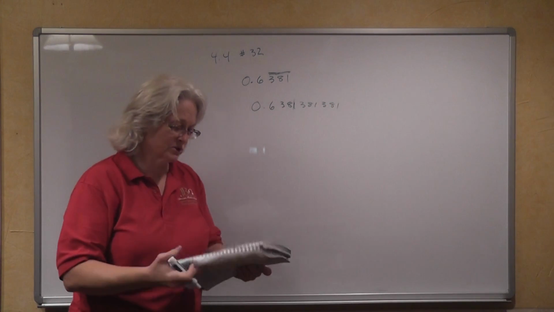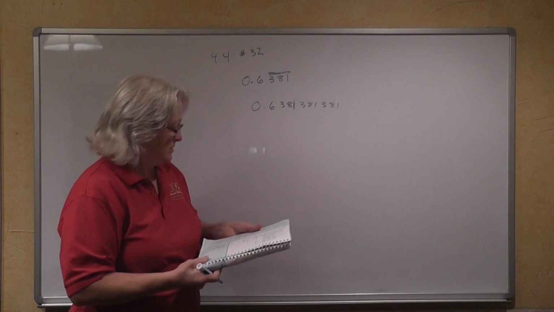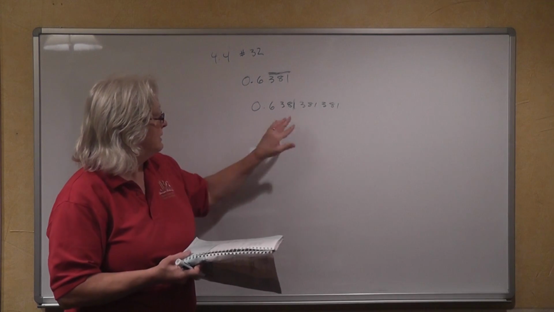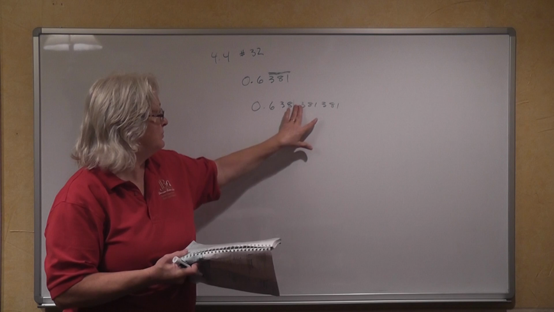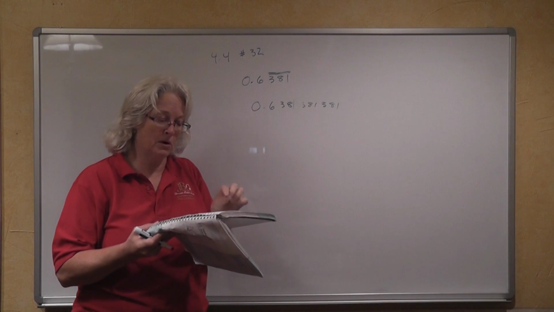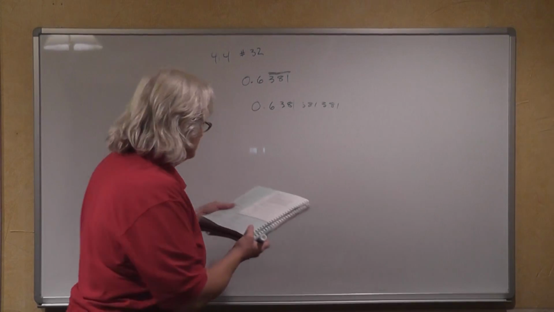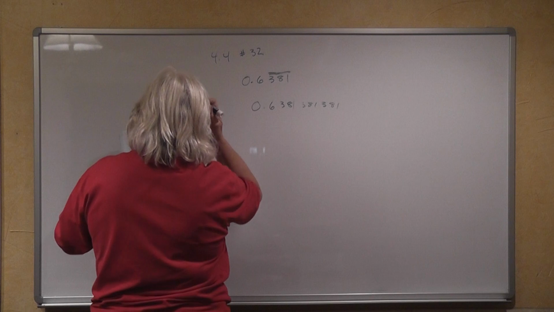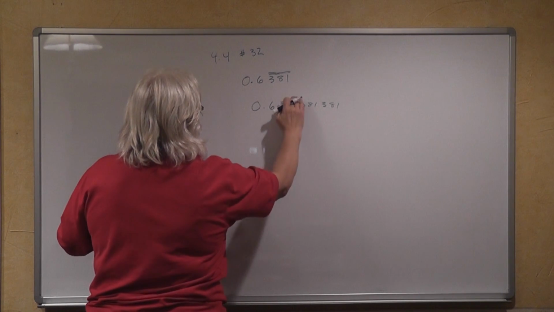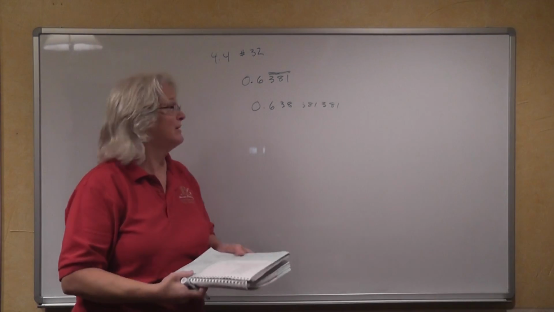And if you look at your solution on page 32, they simply want you to be able to multiply so that your repeating parts will cancel out. And that's why they multiplied by 100.